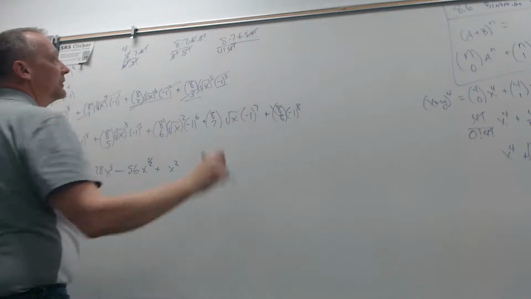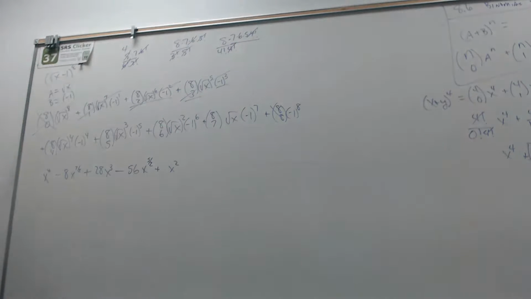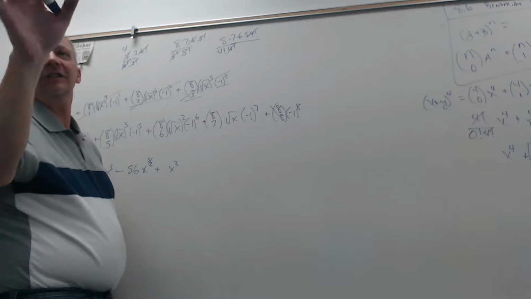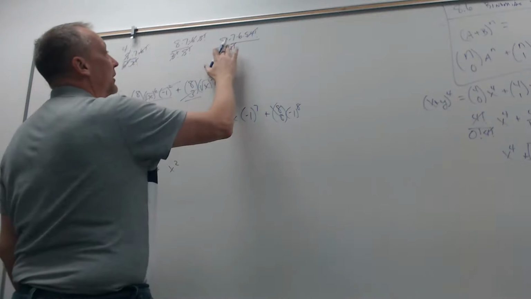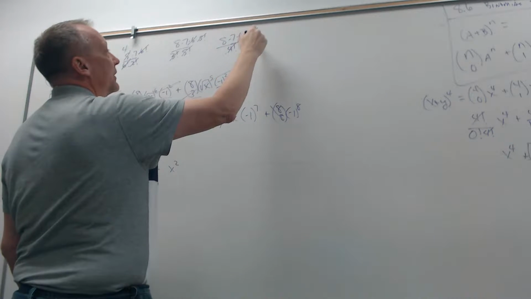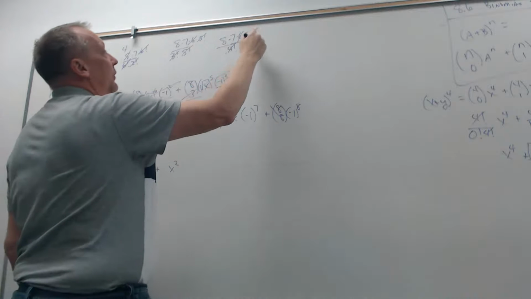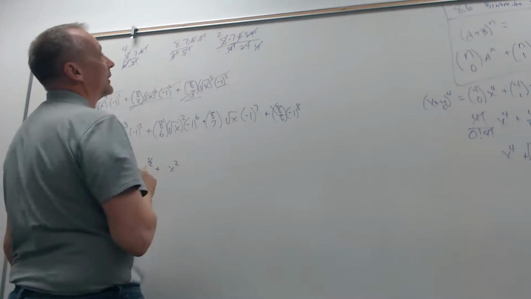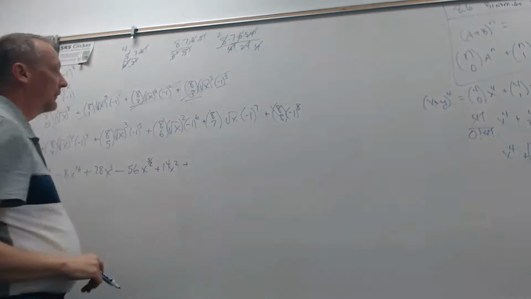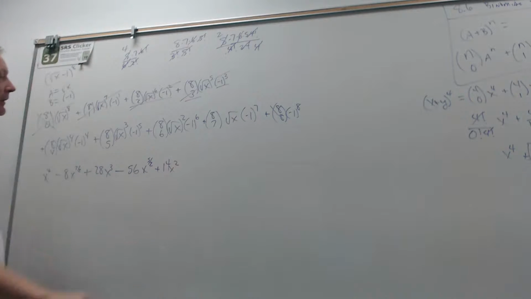So those will cancel. 4 factorial is 4 times 3 times 2, which is also 24, right? So 6 goes into 24 4 times. And then 4 goes into 8 twice. So 14. 14 x squared. Okay, so we've now taken care of that term.